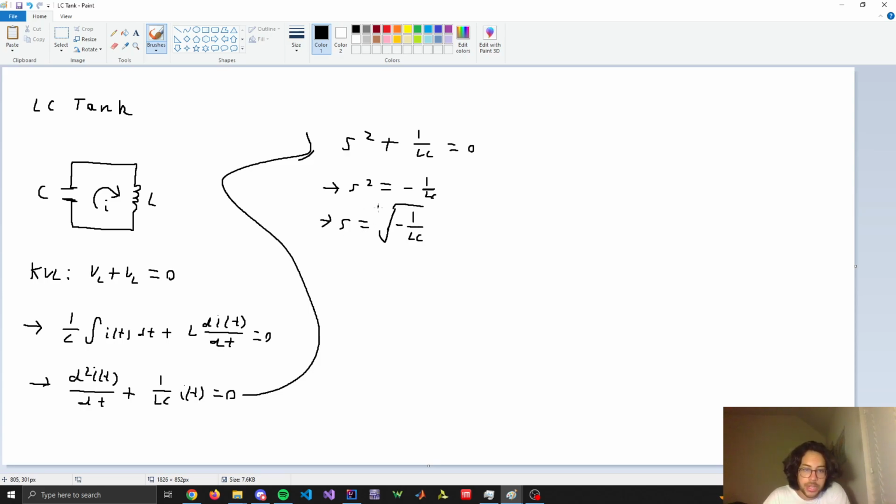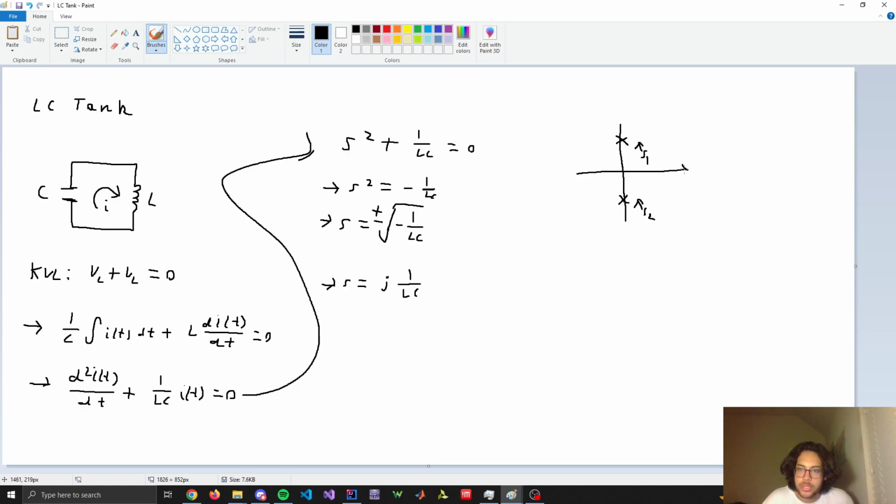And this should be a plus minus the square root, because there's two solutions, the plus and the minus. And so now this would just be a purely imaginary number. S, the pole, is equal to j times 1 over the square root of LC. That's where the pole is located. So in the pole plot, it's actually located right here at S1 and S2.